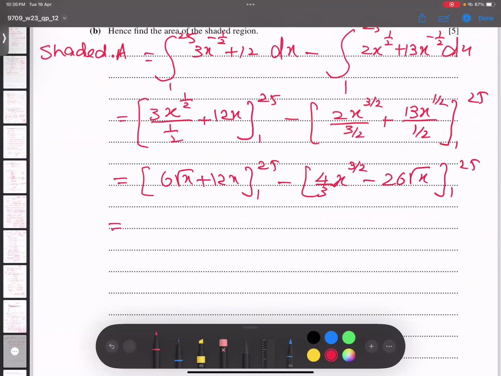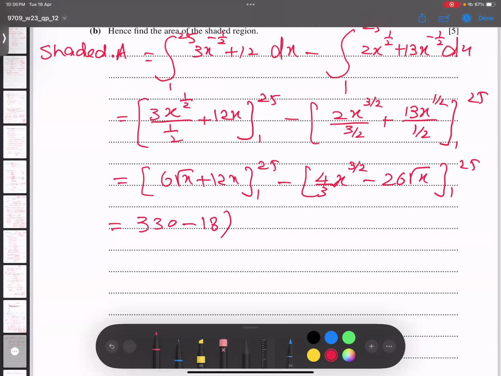Now I plug in the numbers and save my time. When I plug in 25 here, 6 root 25 plus 12 times 25, I get 330. So when I plug in 25, I get this value minus, when I plug in 1, I get 18.